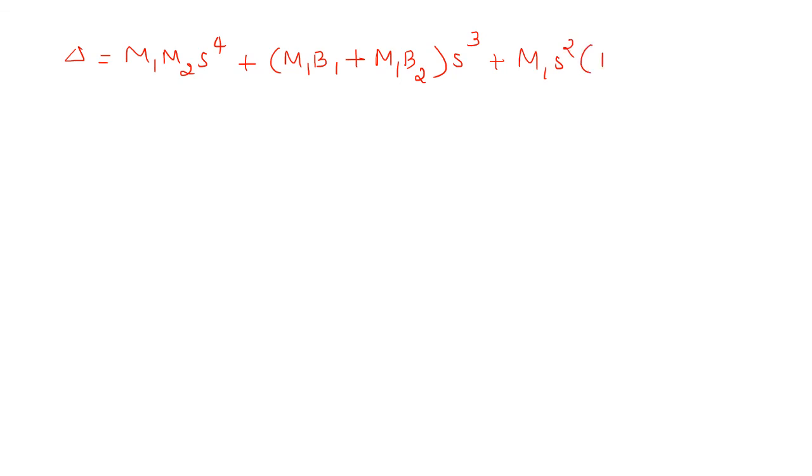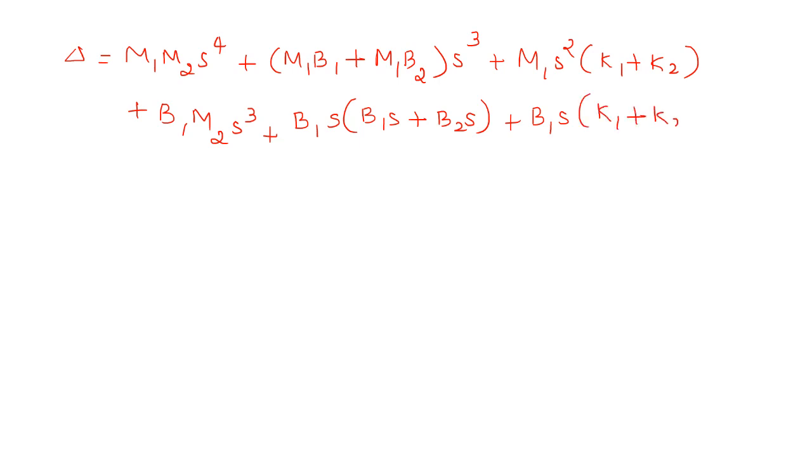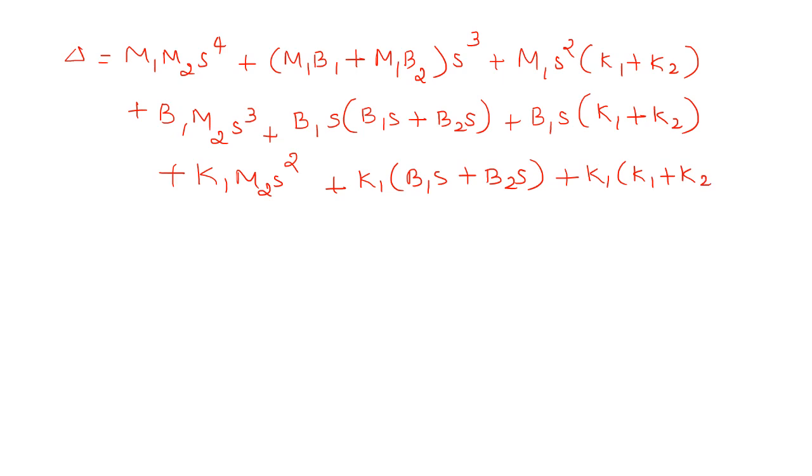We have delta as M1 M2 s to the power 4 plus M1 B1 plus M1 B2 s cube plus M1 s square into K1 plus K2 plus B1 M2 s cube plus B1 s into B1 s plus B2 s plus B1 s into K1 plus K2 plus K1 M2 s square plus K1 into B1 s plus B2 s plus K1 into K1 plus K2 minus B1 s plus K1 the whole square.